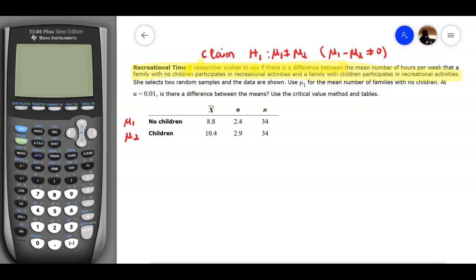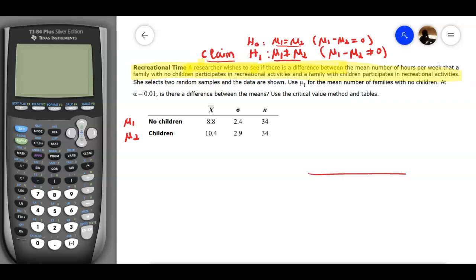Obviously H0 would be the other side of the coin, which is mu1 equals mu2, or you can write mu1 minus mu2 equals 0. So this should be the answer for your first question. Every time we have an equal sign in H0, and a difference for the claim mu1, this is going to be a two-tailed test.